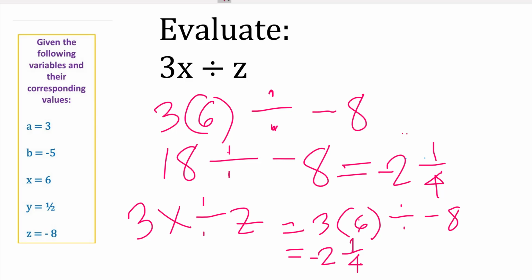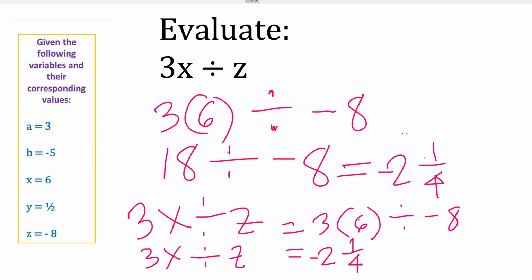So this is 3x divided by z, if and only if x equals 6 and z equals -8.